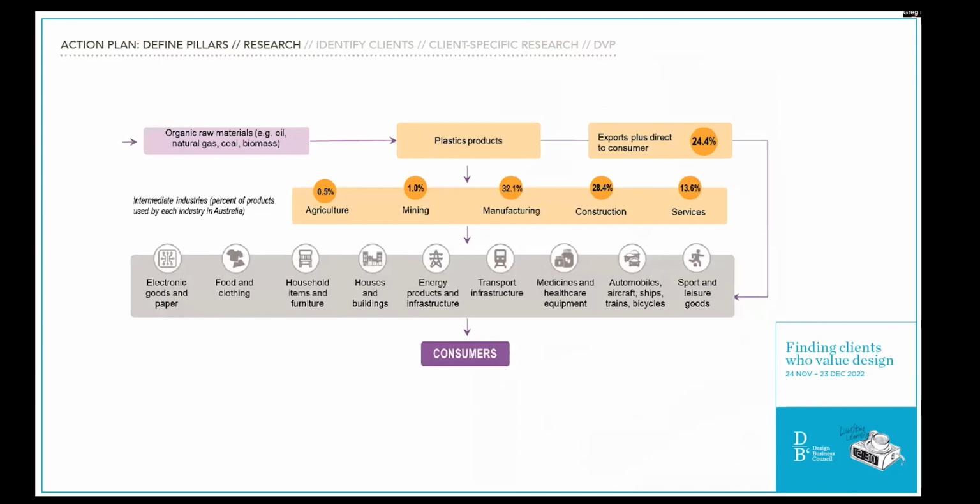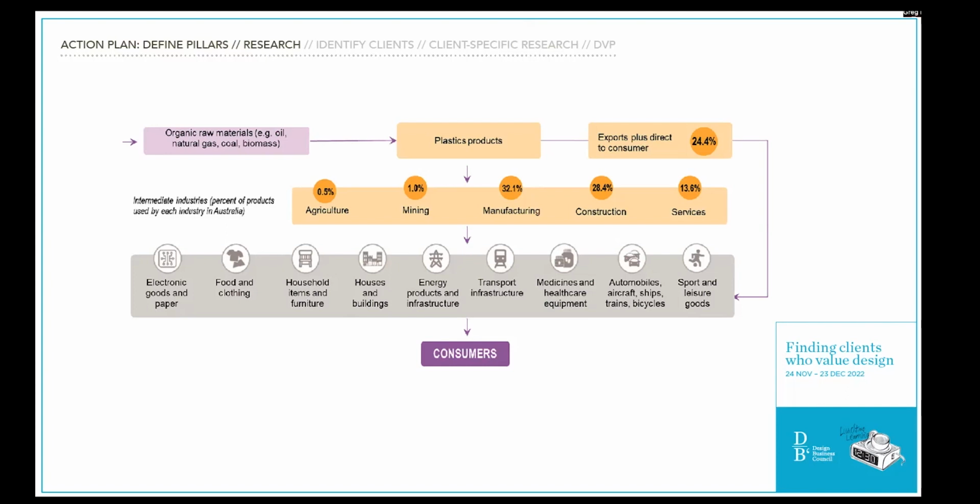So the first part of looking at an industry for a pillar is to make sure that it's got the diversity of products, services, clients that will make it a viable industry for you to work in. So this is research that's easily found on the website, and that's where we found this.